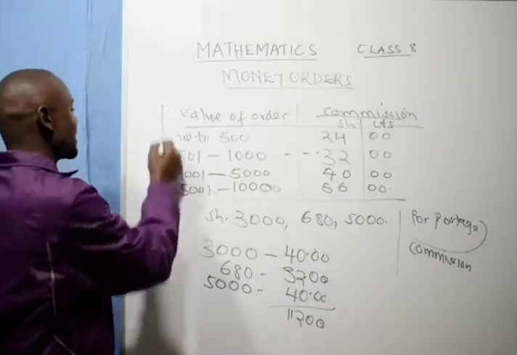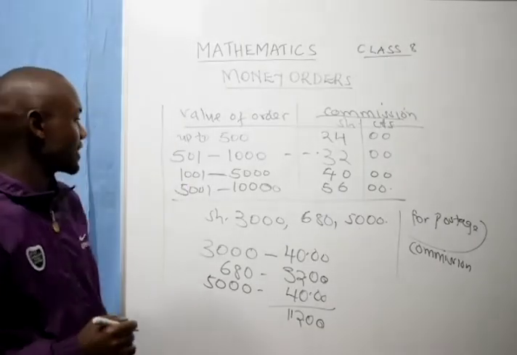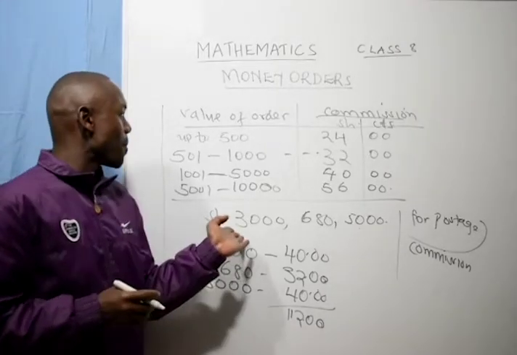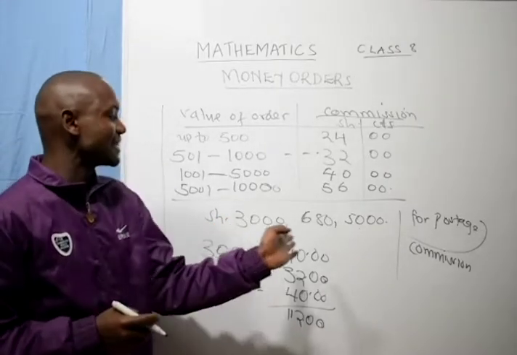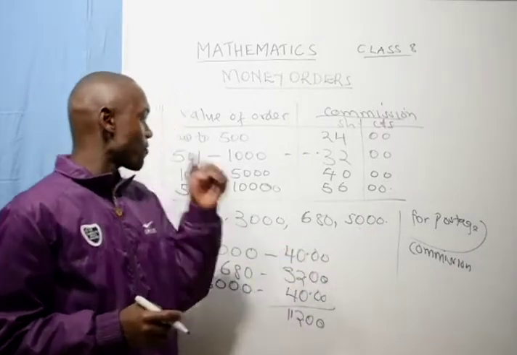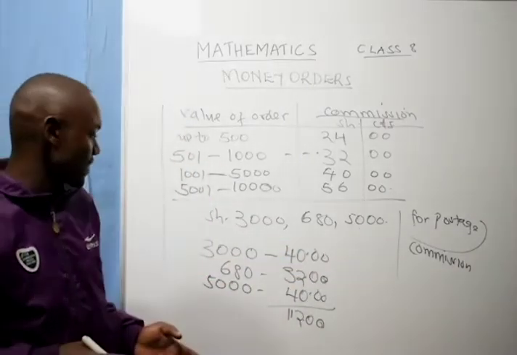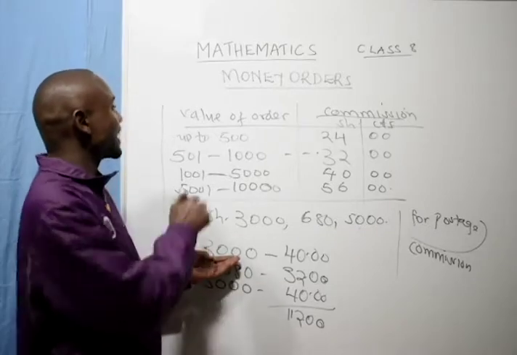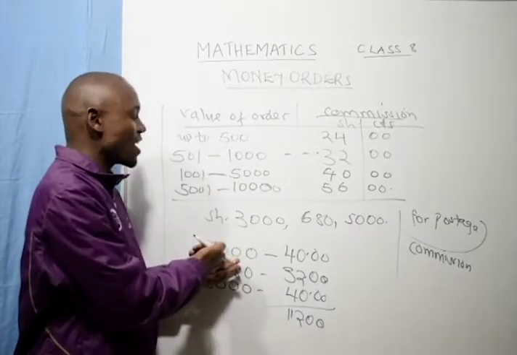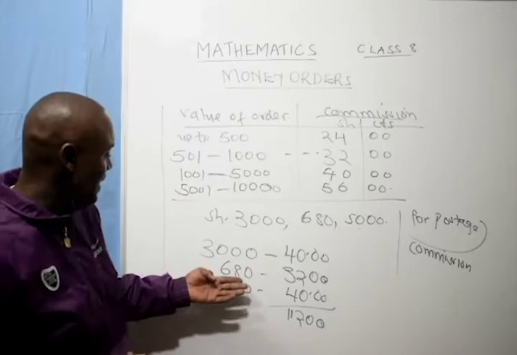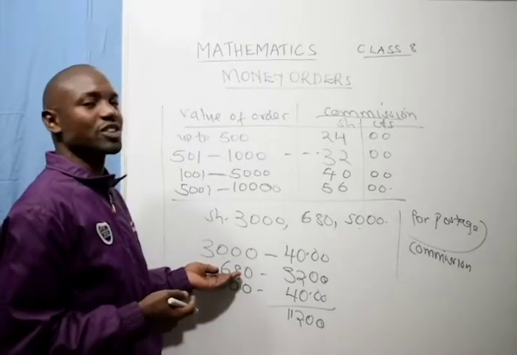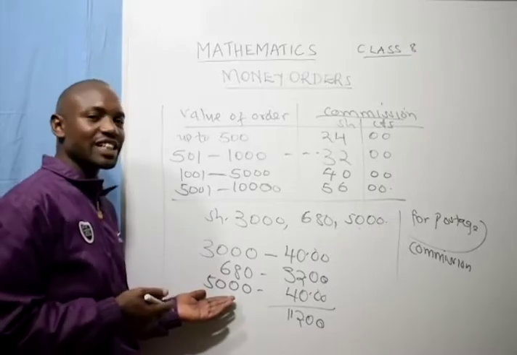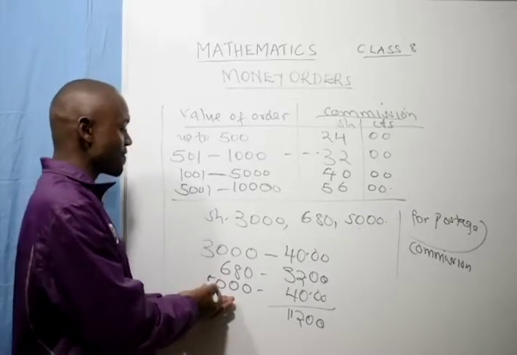Suppose you are asked, how much money did he pay at the post office? The amount of money paid at the post office is the total value of orders plus the total commission. He paid 3,000 shillings and was given a money order for 3,000 shillings. He paid 680 and was given a money order worth 680 shillings. He paid 5,000 shillings and was given a money order worth 5,000 shillings.